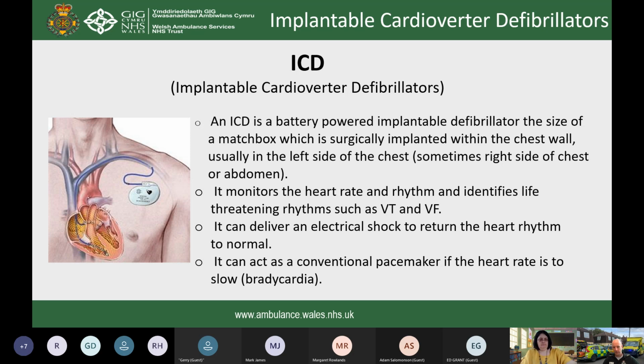A pacemaker will deliver an impulse to pace it, to slow it down. An internal defib will shock it to stop the heart to try and restart it into a normal rhythm. Pacing will pace it and you'll see a pacing spike on the ECG, and an internal defib will identify VF or VT and shock it to stop it, to allow the natural pacemaker to kick in again.